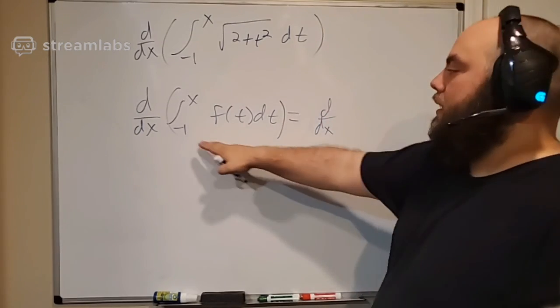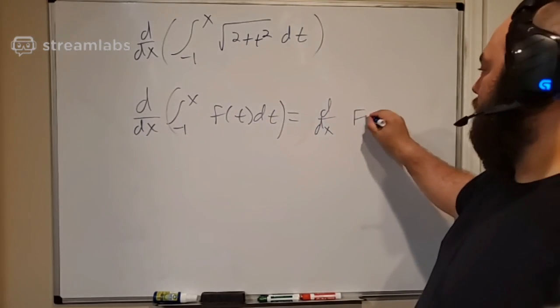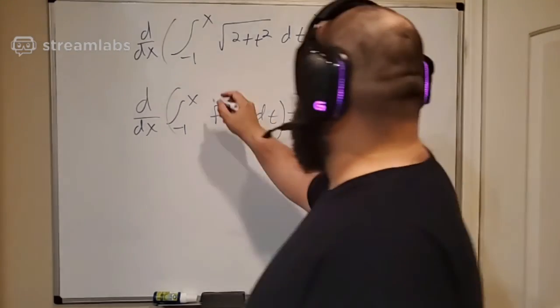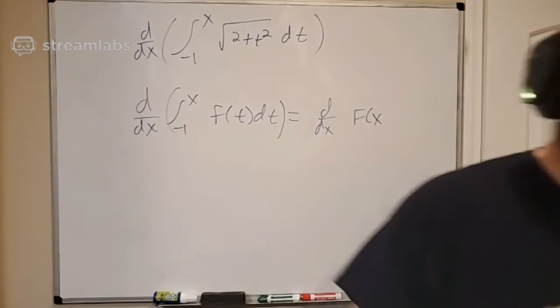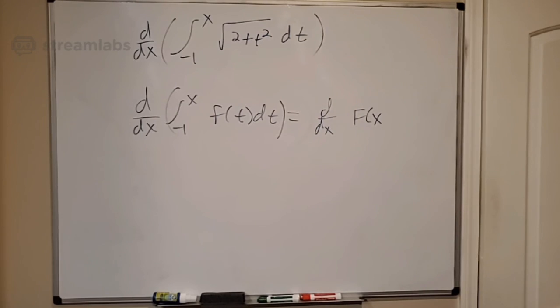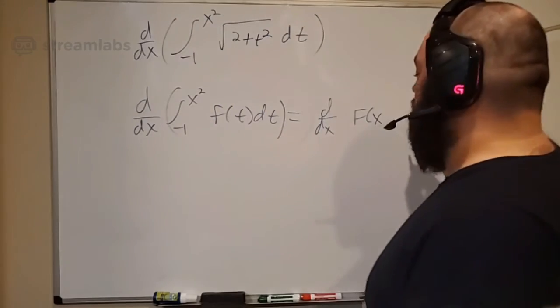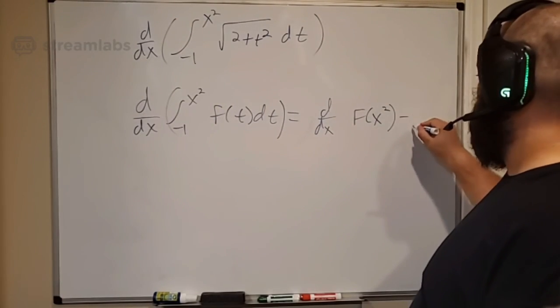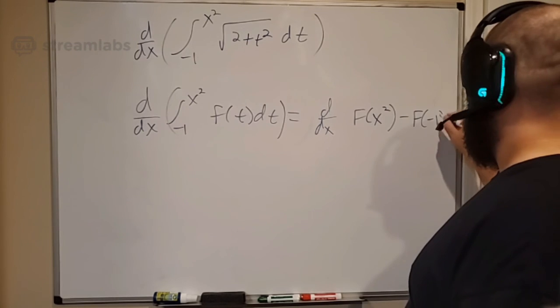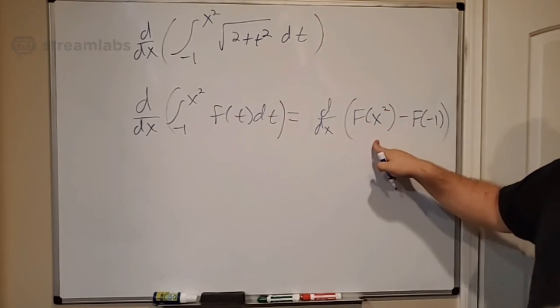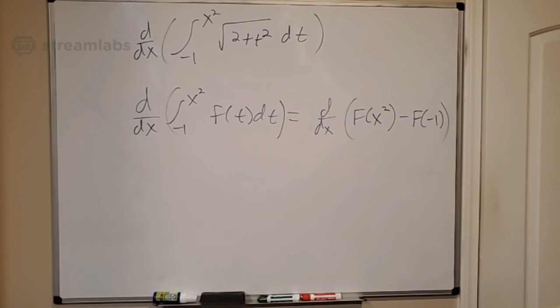It was what, x squared, I think, on the top. Actually, I missed that. Yeah, x squared. That part actually is really important. F of x squared. So we end up doing capital F of x squared minus capital F of -1. Well, what happens when I take the derivative of capital F of x squared?